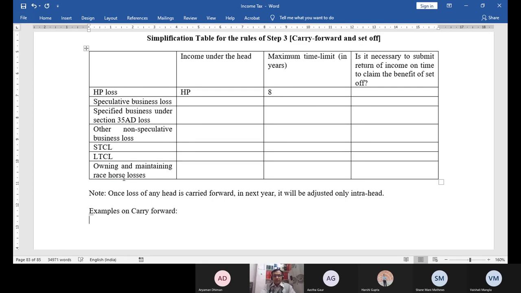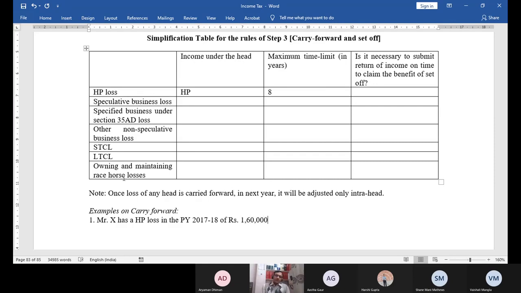First example. Mr. X has an HP loss in the previous year 2017-18 of rupees 1,60,000.